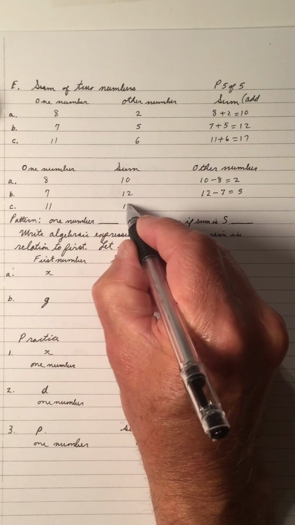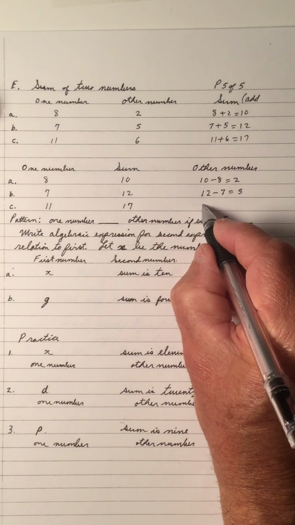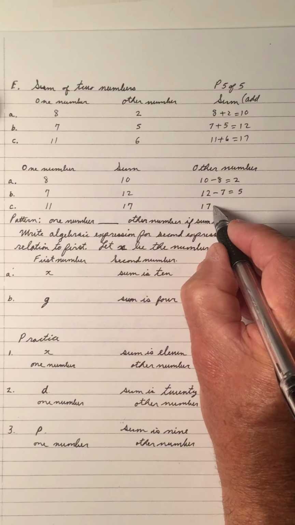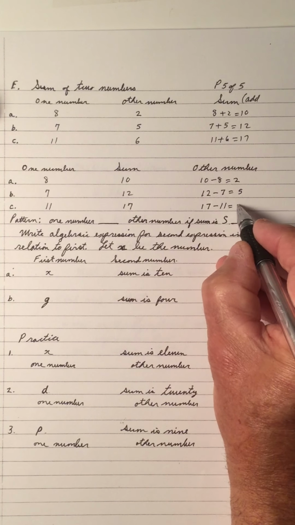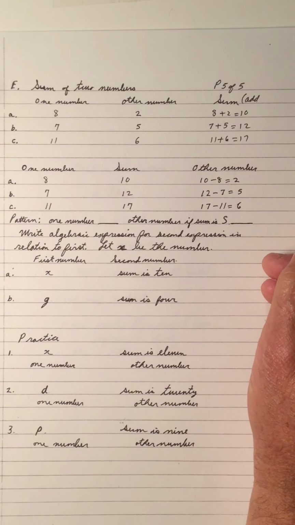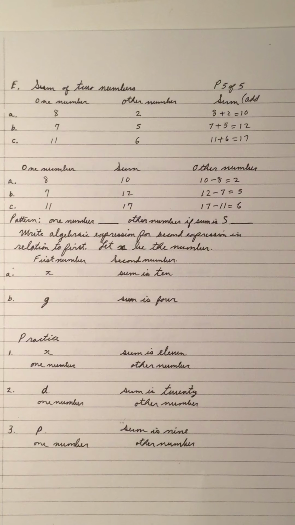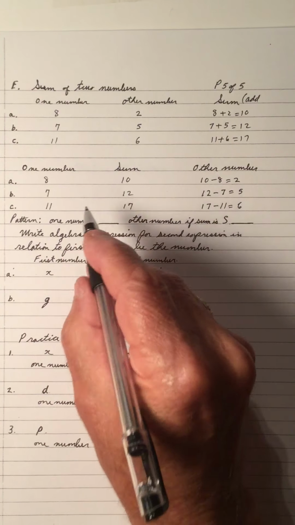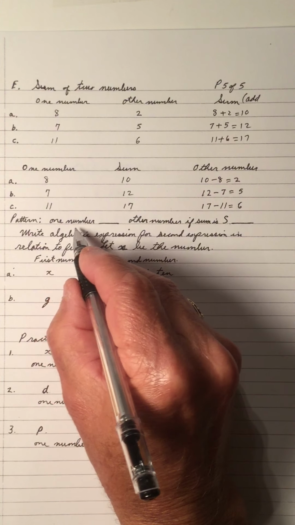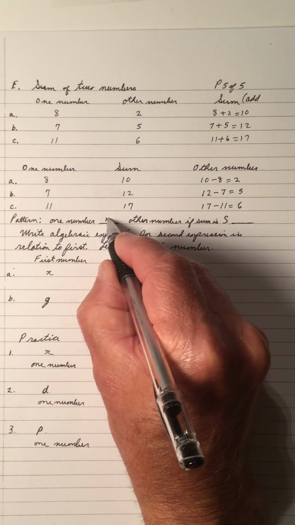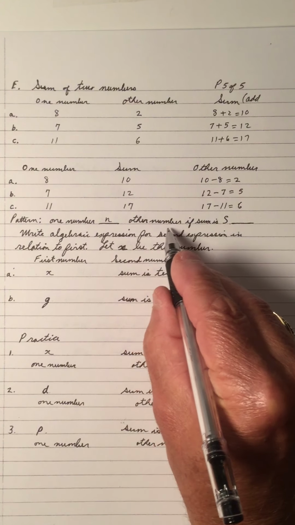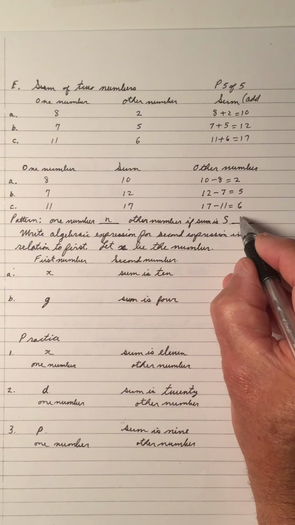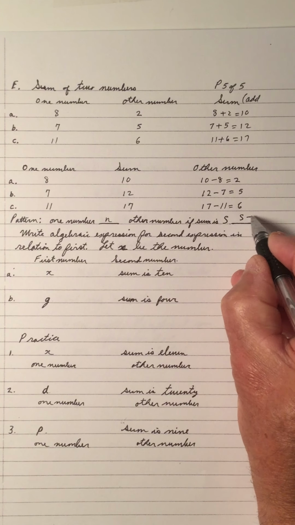If the sum is 17, then the other number must be the sum minus 11, which is 6. So the pattern you see, if you're given one number, say n, and the sum is s, then the other number must be the sum minus n.